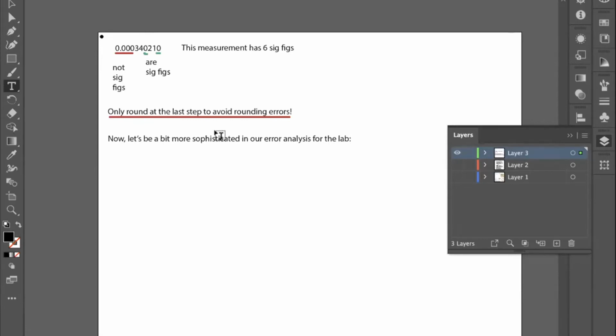So let's say we go back to measuring a length again. I'm stealing from the lab.